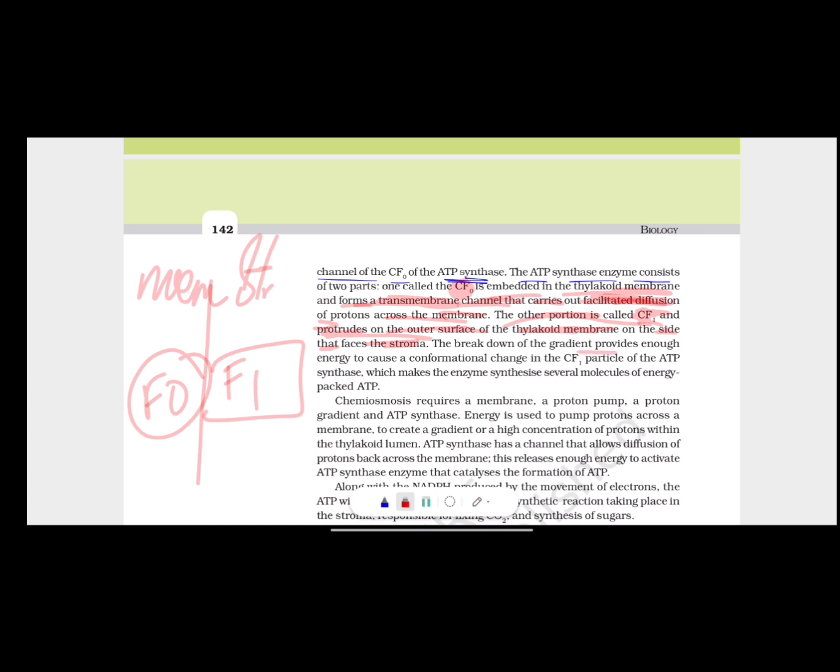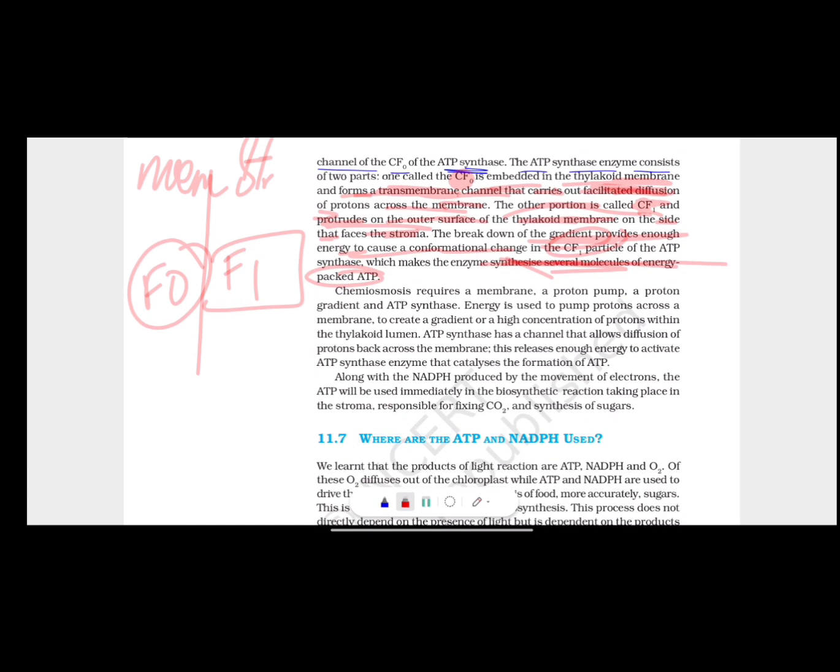The breakdown of the gradient provides enough energy to cause conformational changes in the CF1 particle of the ATP synthase, which makes the enzyme synthesize several molecules of energy-packed ATP.